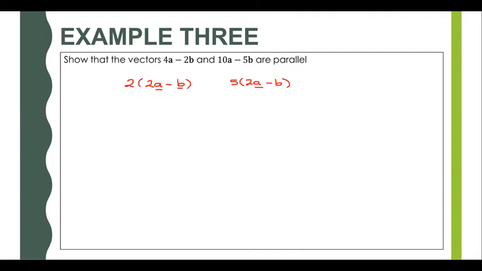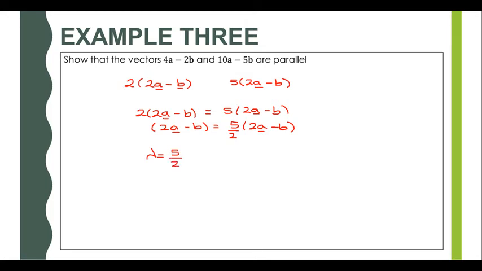If we put them equal to each other, we get that 2a minus b is equal to 5 over 2, 2a minus b. This tells us that our scalar, lambda, is equal to 5 over 2.